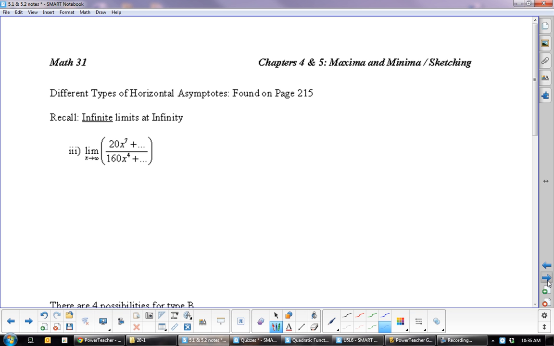Okay, now this one here, if I have 20 x to the 7 over 160 x to the 4, this limit would go to infinity. So the shortcut: if the top degree is bigger than the bottom, it goes to infinity.